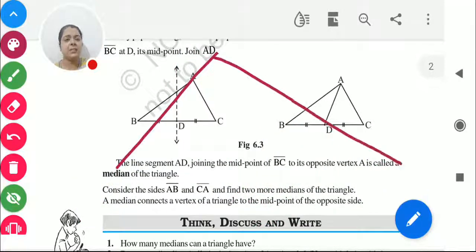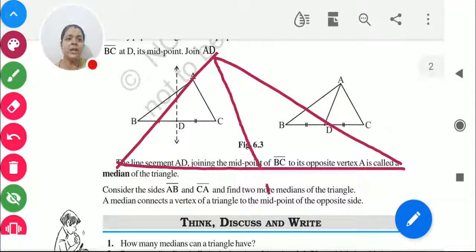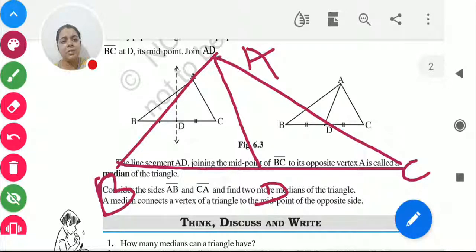So two lines we found were very important. The first line is the one which divides the side into two parts. Another is the line which is directly perpendicular to it, making 90 degrees. A number of lines can be drawn from one vertex to the opposite side.